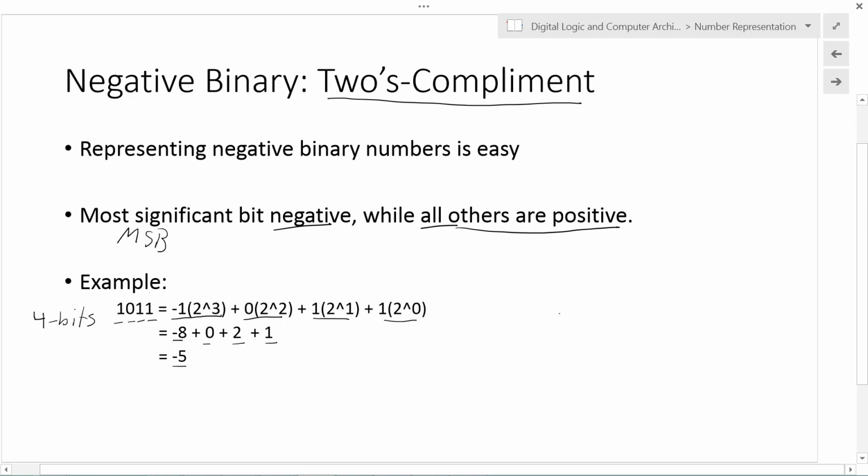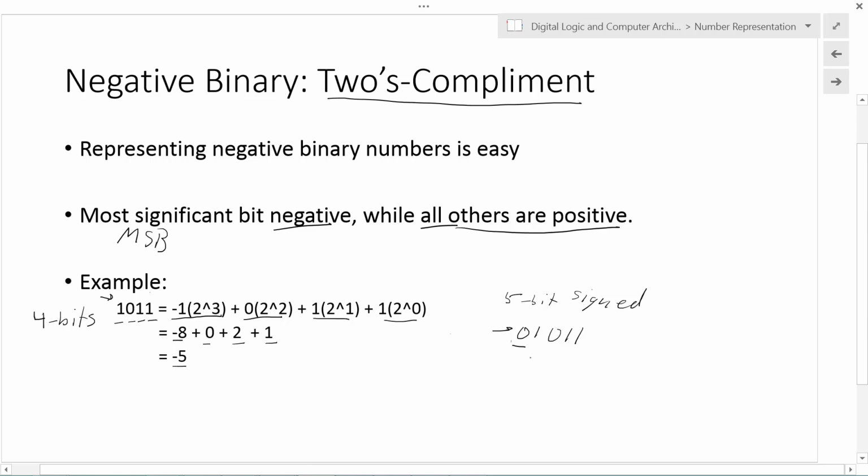Now, what's interesting is if we created a 5-bit signed number, we could say 0, 1, 0, 1, 1. And we can see that it is the same as this number over here. But there's a key difference because it's a 5-bit number and it begins with 0 here.